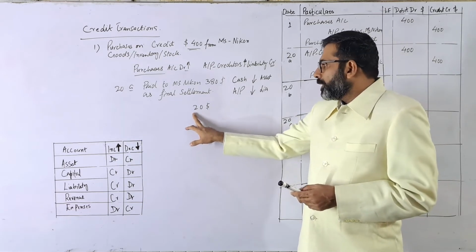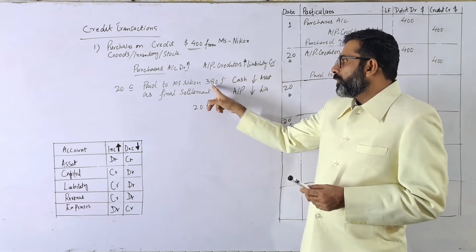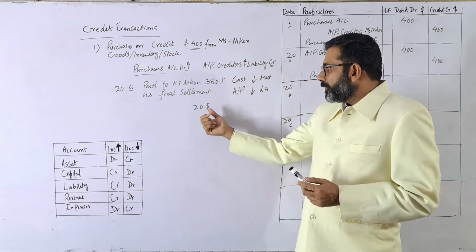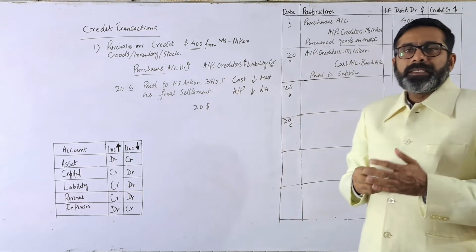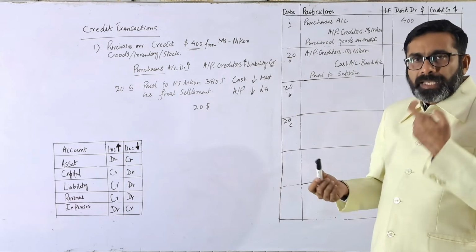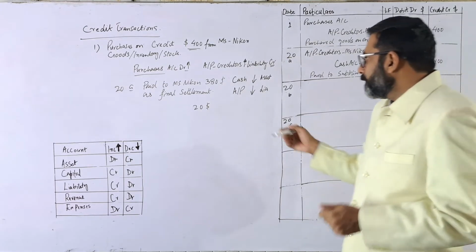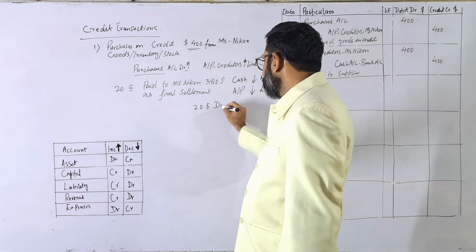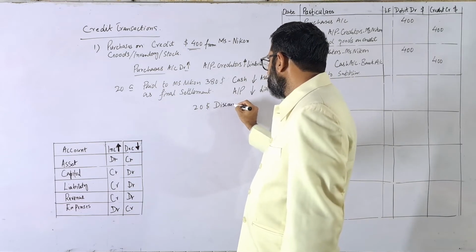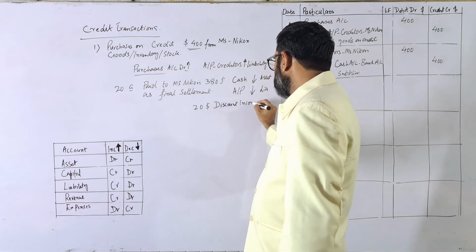But after that, obviously, your payable, your liability will finish, it will be finally settled. Instead of $400, you are only paying $380, and $20 is the discount that you are receiving. It is an income for you. So this $20 is the discount income.